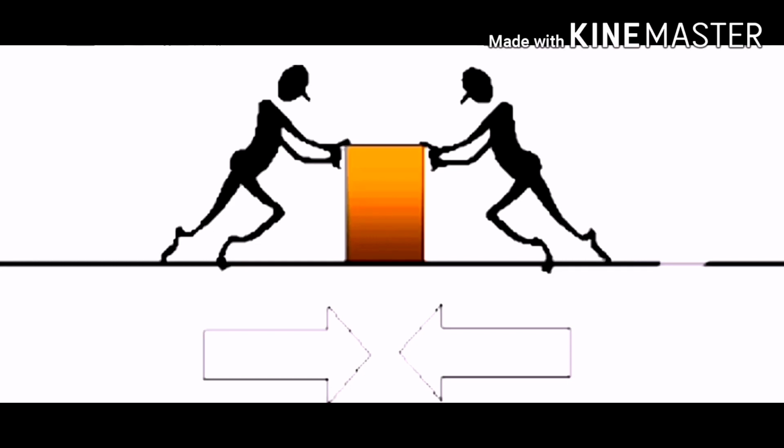If both have the same strength, the cupboard will not move. But if one has more strength and another has less strength, then where will the cupboard start moving? It will move slightly towards the person who has less strength. So students, what you understood from this example is, the strong person applies more force than the weaker person.